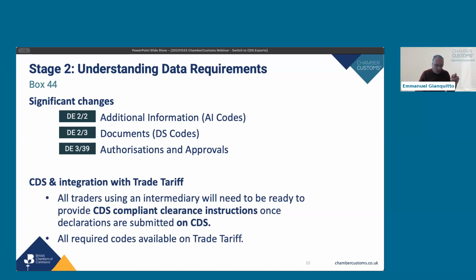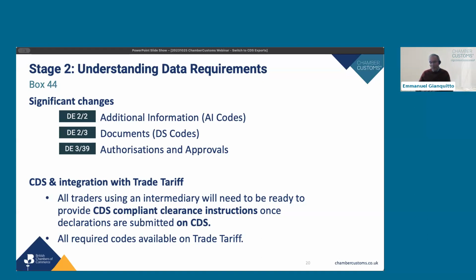One of the things that we like very much about CDS is how much better integrated it is with the trade tariff. So you will be able to interrogate the trade tariff, look up a commodity code, get a list of the codes that apply to that commodity code, and be reassured that those codes work on CDS.